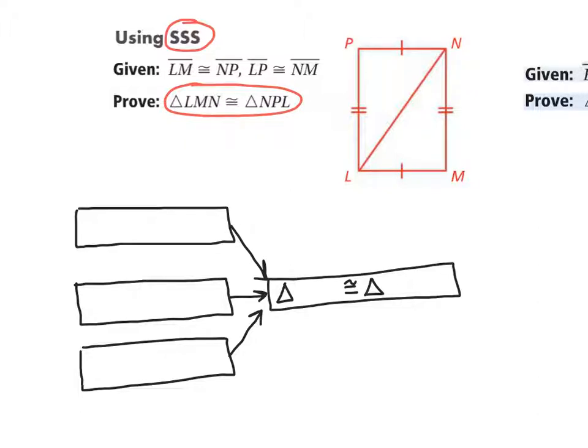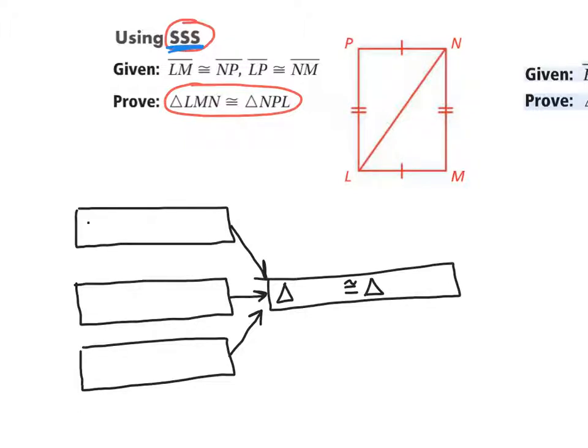And so what this is saying is that we have three pieces of information that together tell us those two triangles are congruent. Now, in this scenario, we're going to have three sides. It'll be side, side, side. So we need to go through and actually state our statements here. What do we have? Well, let's look at the givens.